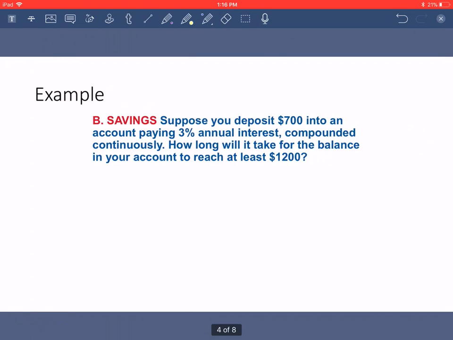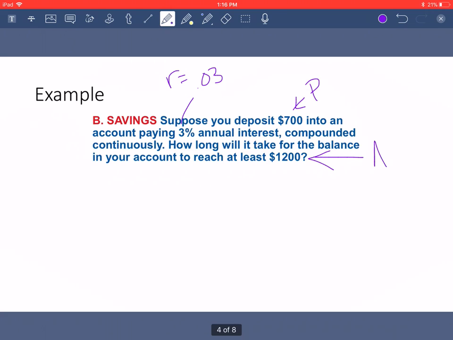So we're going to suppose you deposit $700 into an account paying 3% annual interest compounded continuously. How long will it take for the balance in your account to reach $1,200? Now, this one's a little different. 700 is our principal. 0.03 is our rate.